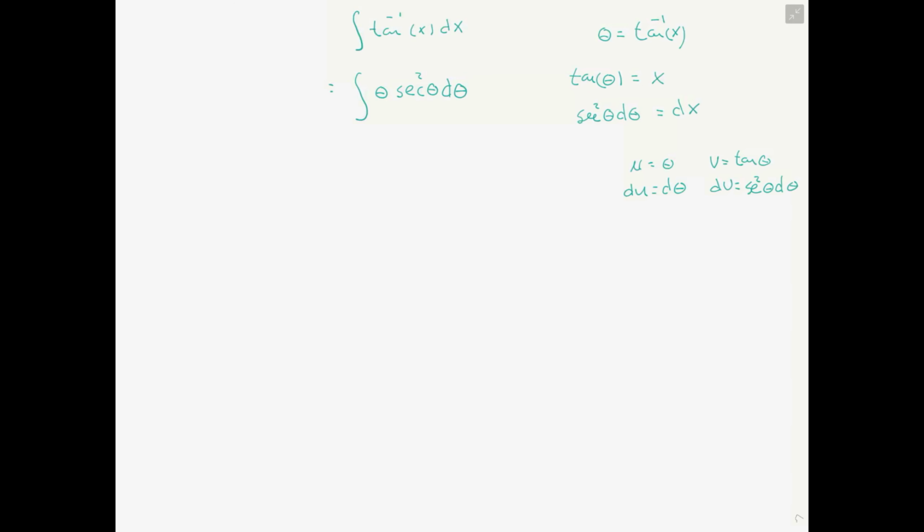And now we use our integration by parts. So we got theta tangent theta equals u dv, so we have theta secant squared theta d theta plus v du. So we got tangent theta d theta.